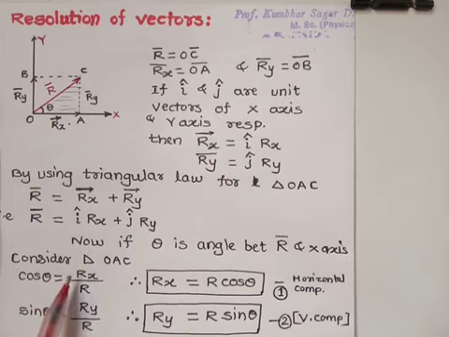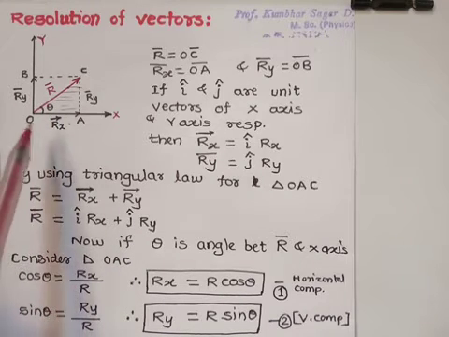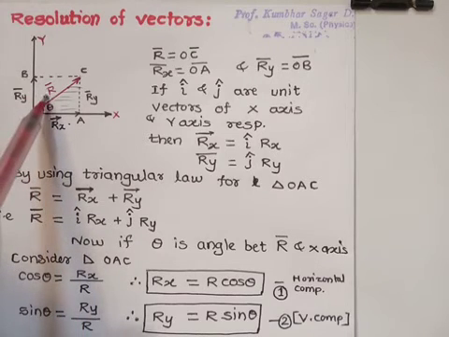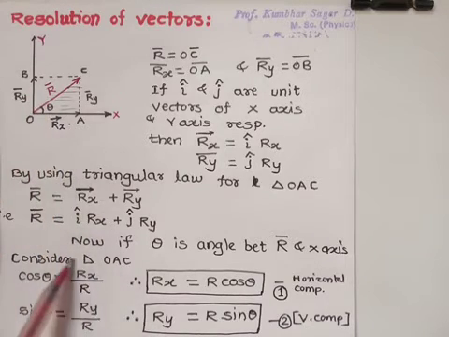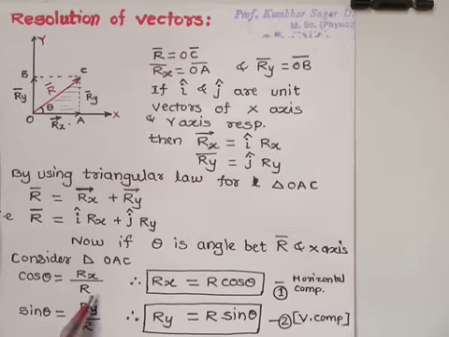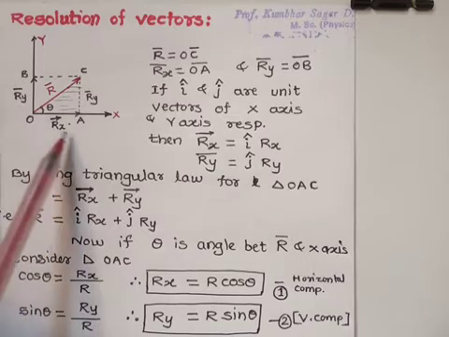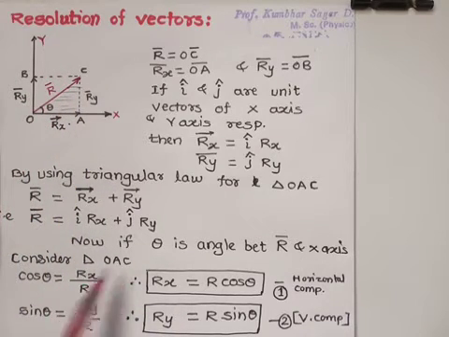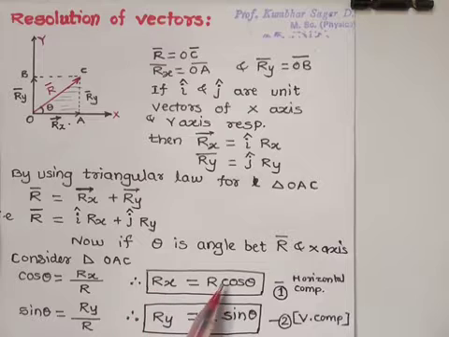Hence, the adjacent side is Rx and the hypotenuse is R. Here Rx and R are the magnitudes of Rx bar and R bar. Hence, Rx is equal to R cos theta. This is the horizontal component of R bar.